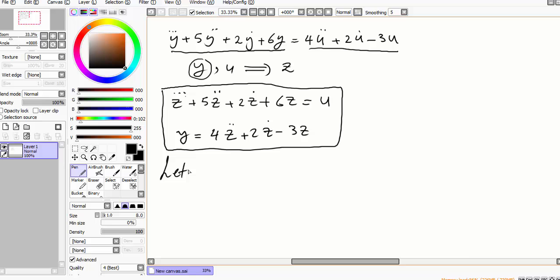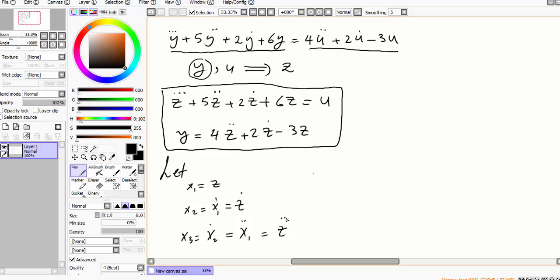Now, because we have here a third derivative, we will define three variables: x1 equal to z, x2 equal to x1 dot, equal to z dot. And x3 will equal x2 dot, equal to x1 double dot, equal to z double dot.